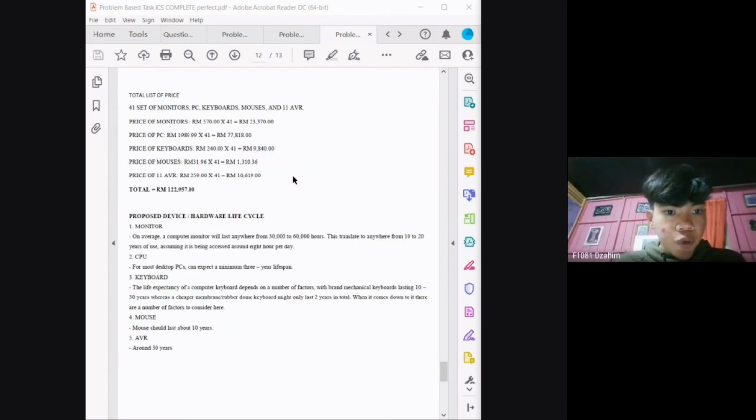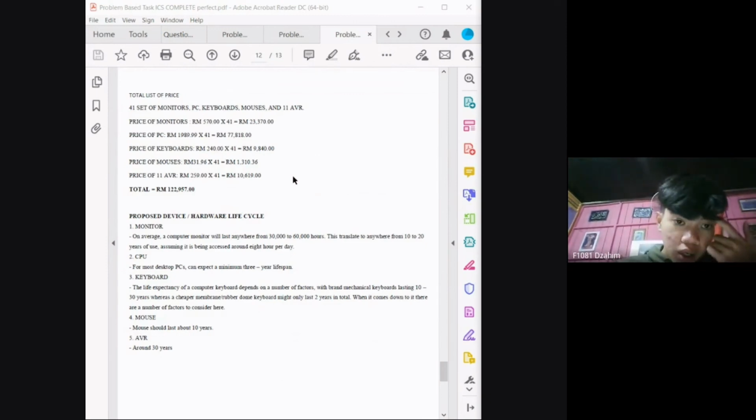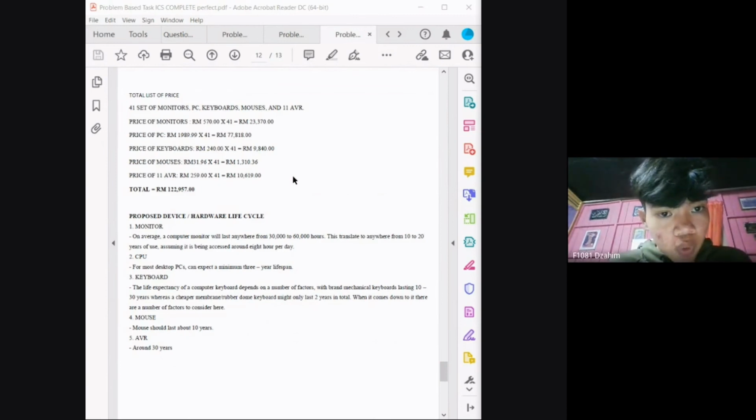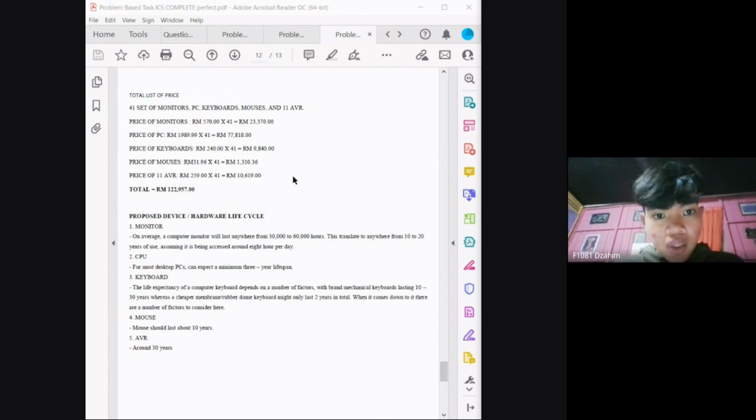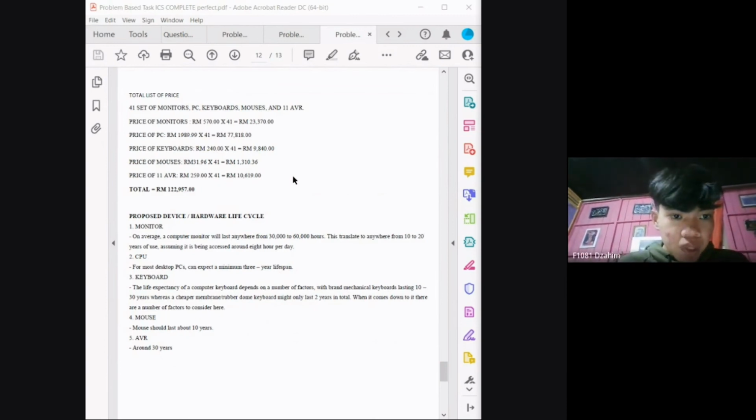Total list of price for 41 sets of monitor, PC, keyboard, mouse, and 11 AVR. Price of monitor: RM 517 multiply 41 equals 23,370 ringgit. Price of PC: 1,989.99 multiply 41 equals 77,818 ringgit.